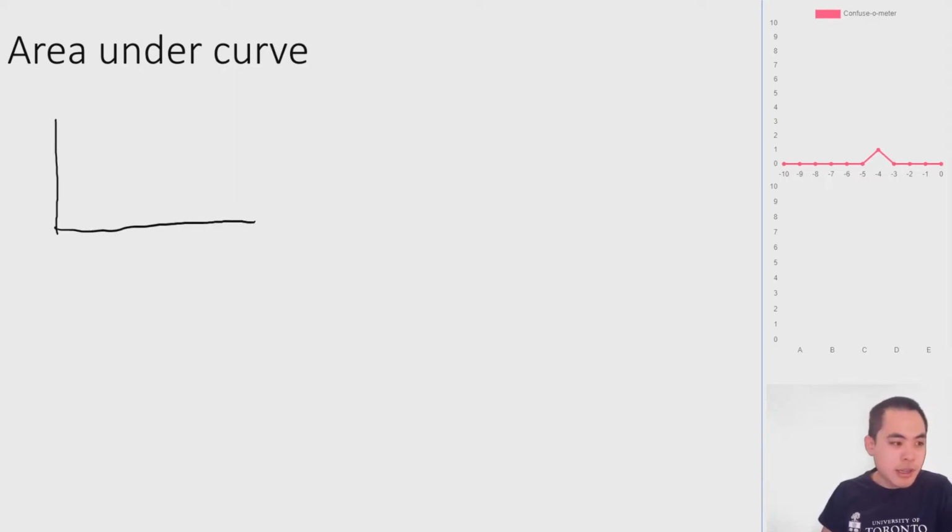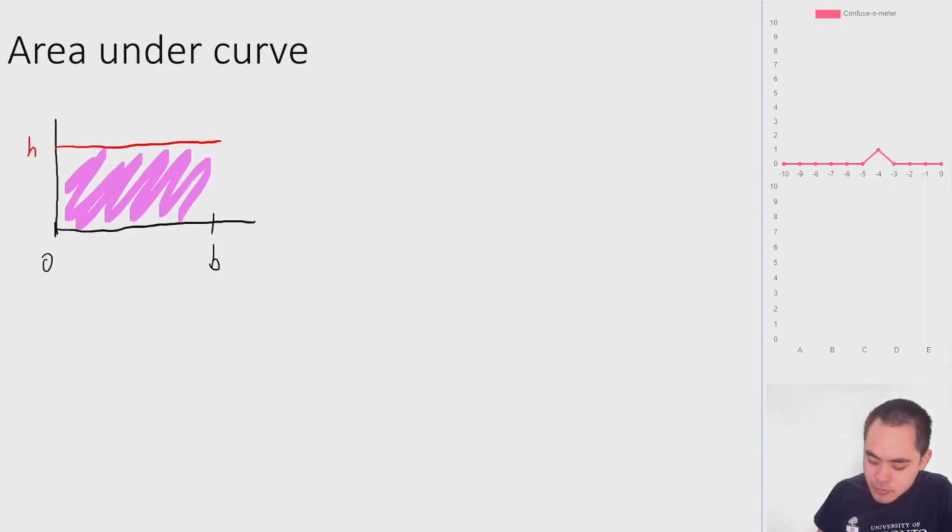Suppose we have a curve that is a straight line at some value h, and we're interested in knowing how much area there is under the curve between that straight line and the x-axis, between 0 and some value b. This area is really easy, right? It's just a rectangle, and the area under the curve is equal to b times h, the base times the height.